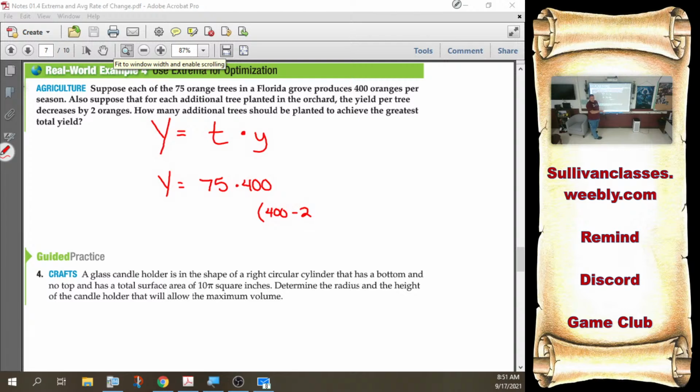Do I know how many trees I'm adding yet? I take the yield per tree times the number of trees. Well, the number of trees is now 75 plus I'm adding an unknown number of trees. There you go.